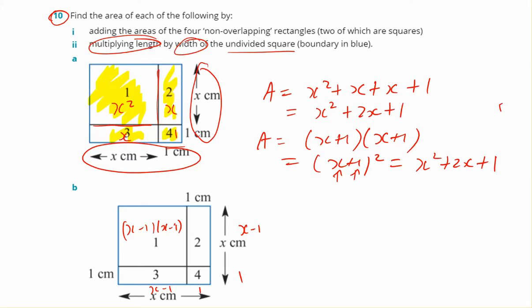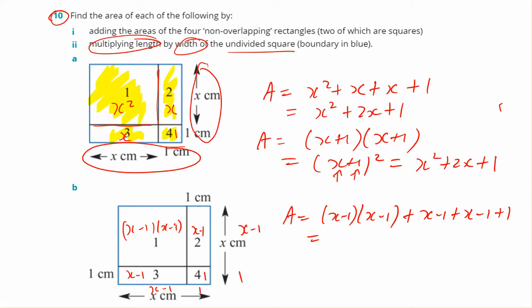It's a bit more complicated. Here would be 1 times x minus 1, so it's just x minus 1. Here would be, again, x minus 1 times 1, which is just x minus 1, and 1 times 1 is 1. So the area in total would be x minus 1 times x minus 1 plus x minus 1 plus x minus 1 plus 1.